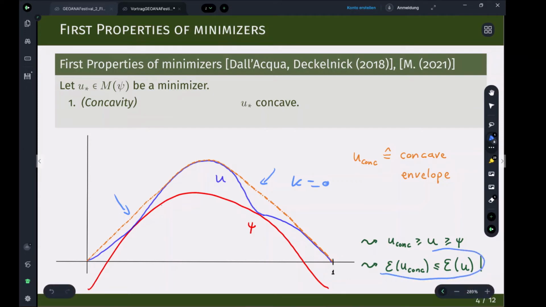So basically you decrease the energy by taking this concave envelope, which is here in orange, but you still stay above the obstacle, since this concave envelope always lies above the comparison function, and therefore you can conclude that your minimizer must be concave. This is a very important property.